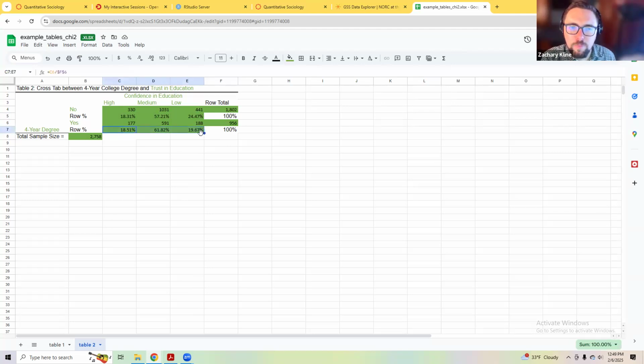However, we can ask whether this relationship is statistically significant. And what that's going to ask is, how confident are we that these differences we're seeing are actually real in the population of everyone who lives in the United States, versus the chances that it just occurred completely by chance?